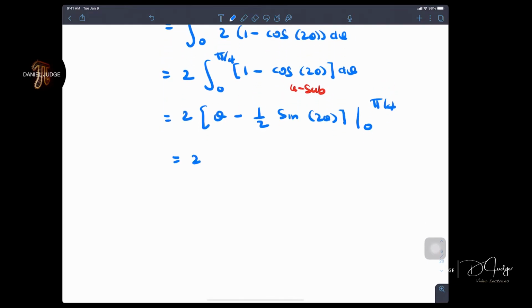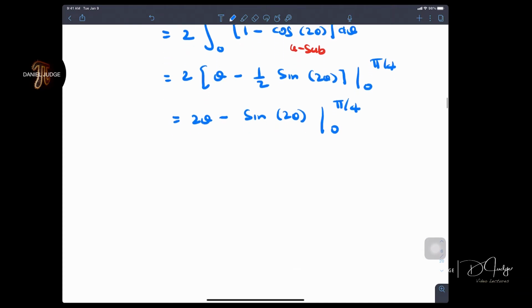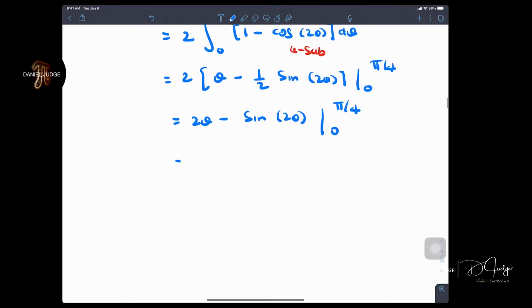I can distribute now, and I get 2 theta minus sine 2 theta. So 2 times pi over 4 minus sine of 2 times pi over 4, minus 2 times 0 minus sine of 2 times 0.